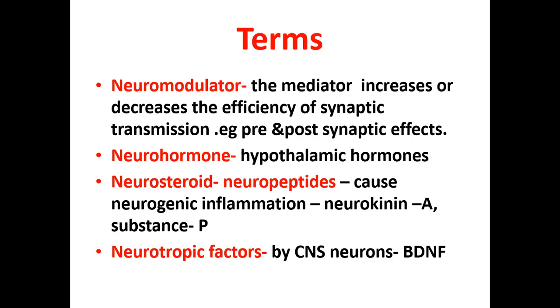What are neurosteroids and neuropeptides? These neurosteroids and neuropeptides cause neurogenic inflammation. The examples are neurokinin A and substance P, which are the neuropeptides that cause neurogenic inflammation.